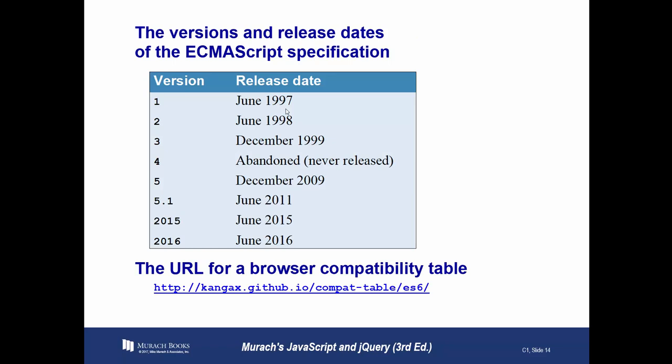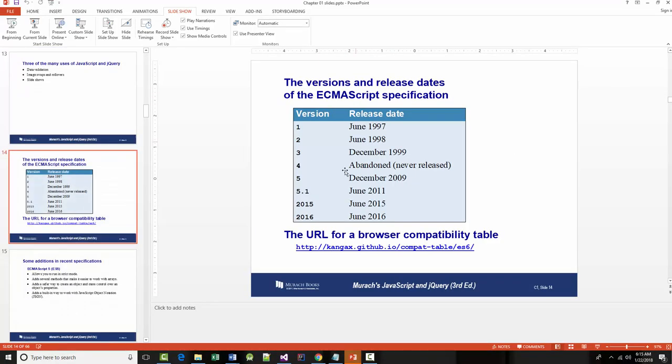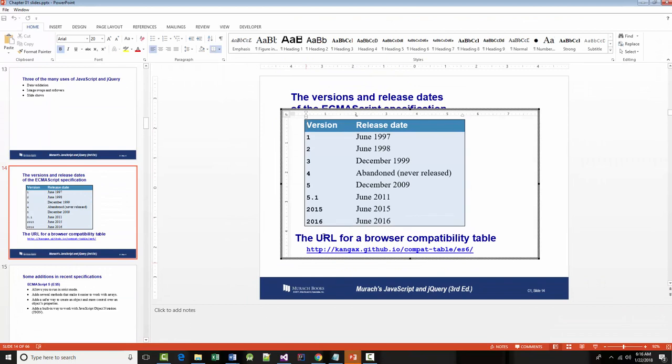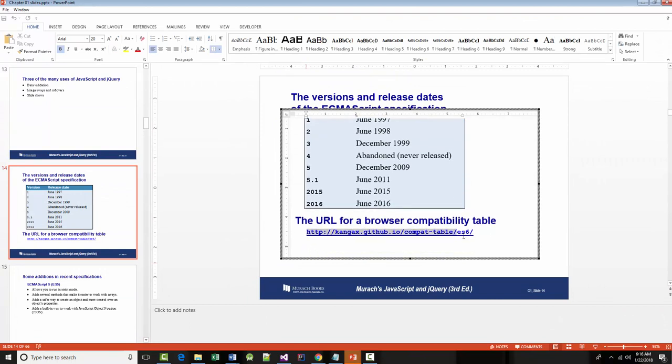As far as the versions and release dates of the ECMA specification, you can take a look at those. And you'll also notice here that it's got a URL that shows a browser compatibility table.